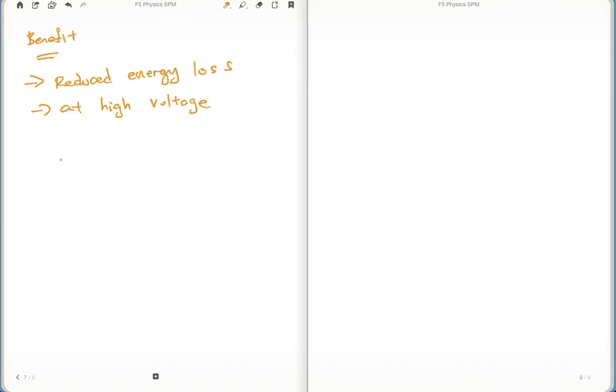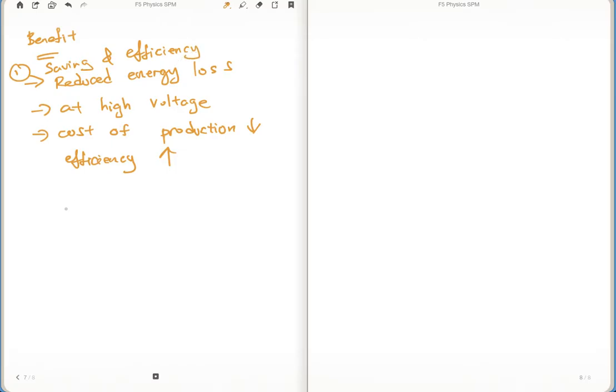The cost of production is reduced, and the efficiency will be increased. Okay, so this is the first benefit, in terms of saving and efficiency.